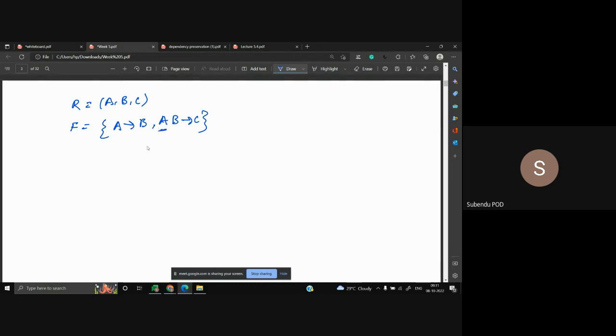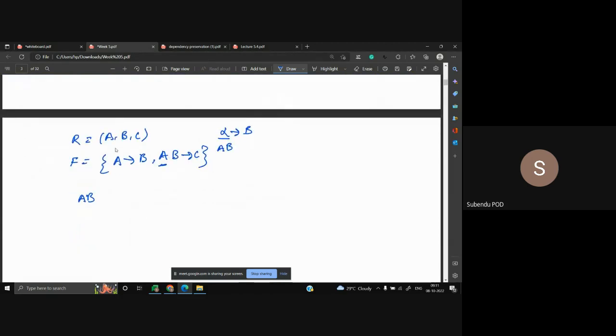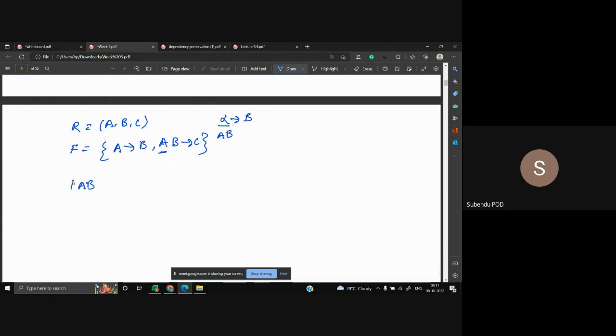AB determines C is alpha determines beta, so alpha is AB. We find alpha minus A closure. AB minus A will be B, so we have to find the B closure.